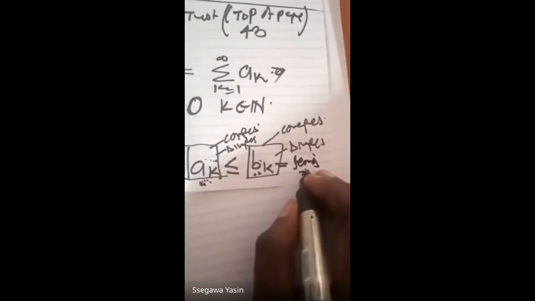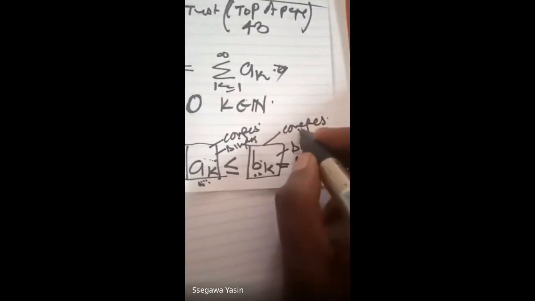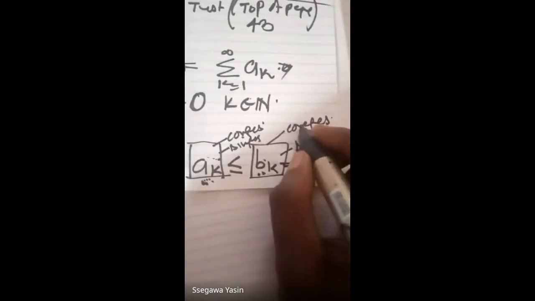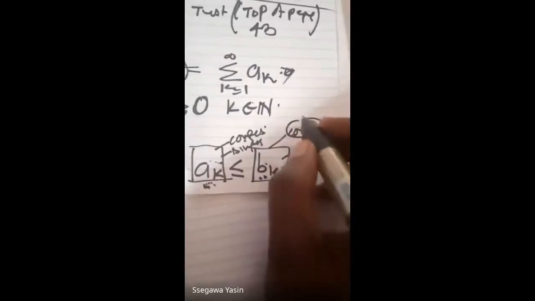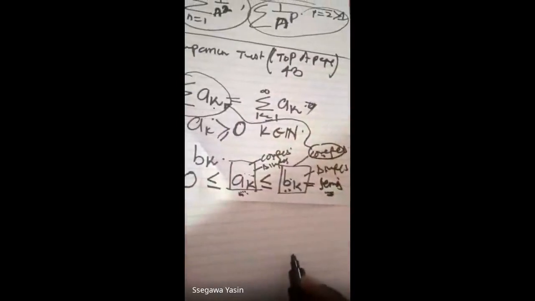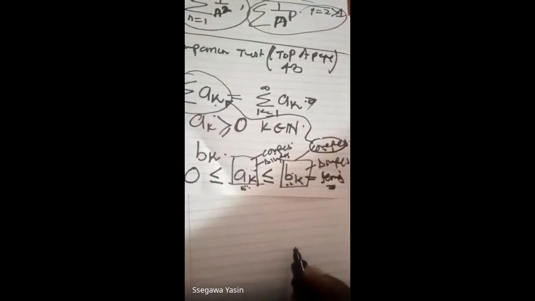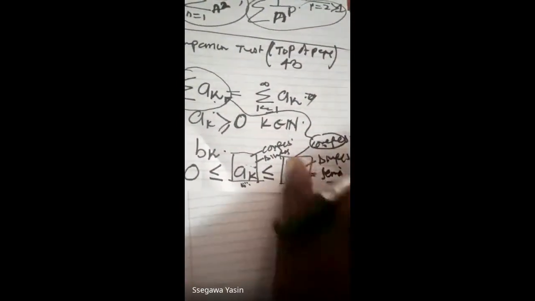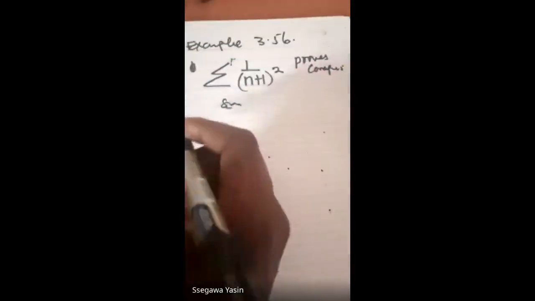After taking it to a series, you test if it converges or diverges. If it converges, then what does it mean? That now you go and compare with the series you started with, and also say that it converges. And this is the thing.